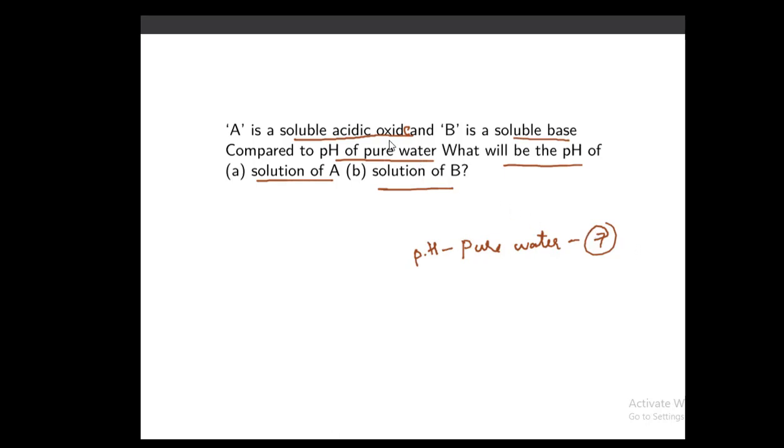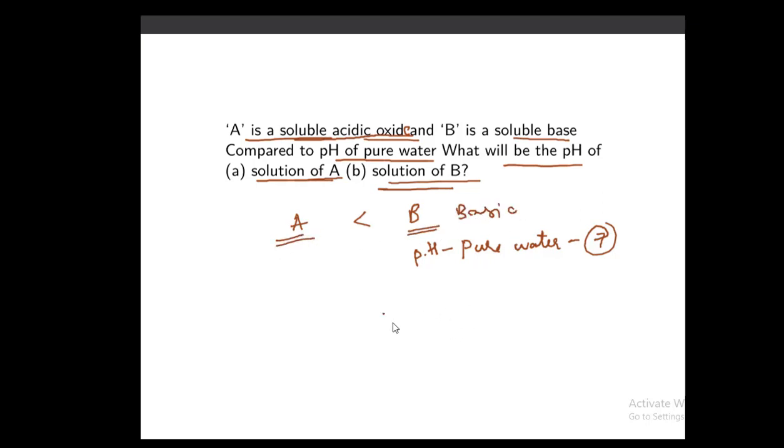They are asking: A is a soluble acidic oxide and B is a soluble base. What will be the pH of solution A and solution B? We cannot directly say the value of the acidic solution of A and the solution of B, but we can say that the pH of A will be less than the pH of solution B, because A is an acid solution and B is a basic solution.